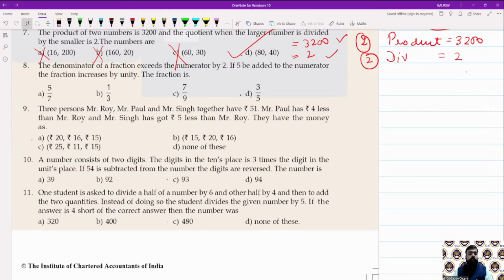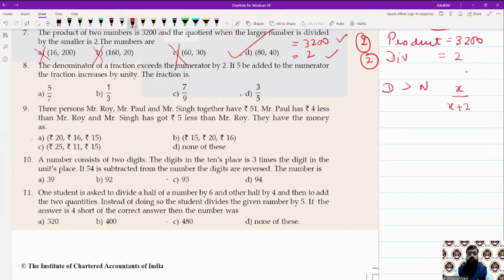Now for question number 8. It says the denominator of a fraction exceeds the numerator by 2. So denominator is greater than numerator. By how much? By 2. That means we can say that if the numerator is x, denominator will be x plus 2.